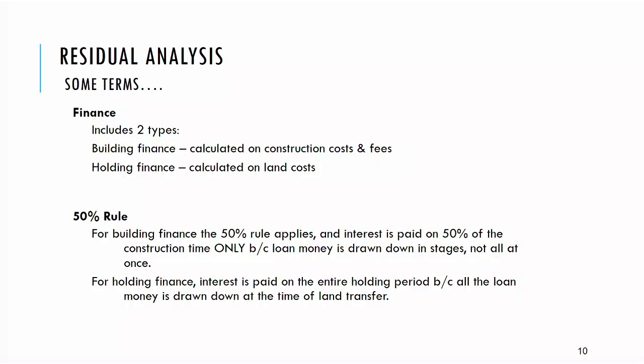And interest is paid on 50% of the construction time only, because loan money is drawn down in stages, not all at once. Right. For holding finance, interest is paid on the entire amount. That's for the land, because all the loan money is drawn down at the time of land transfer. Clear?